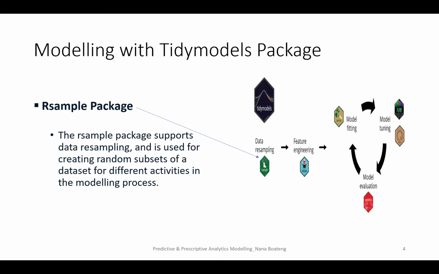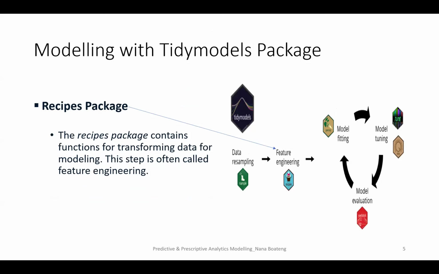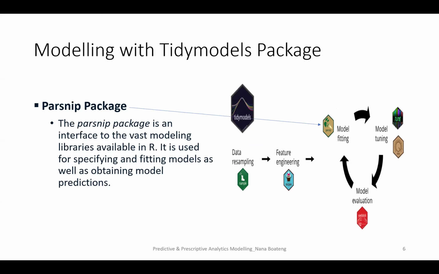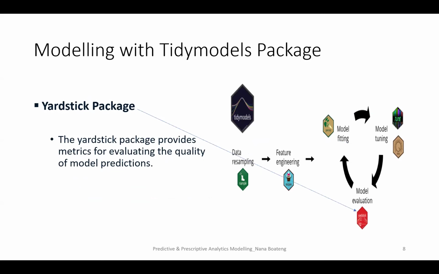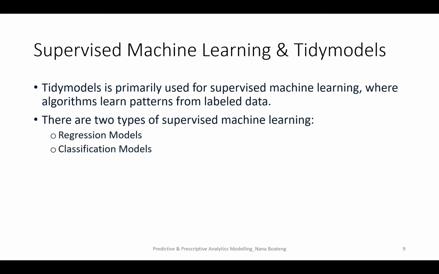We spoke about the resampling package and the recipe package. Today we'll do more of recipes and baking. We introduced the recipes package, the parsnip package, the tune and dials packages, and the yardstick package for model evaluation.